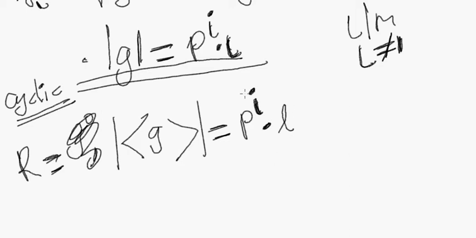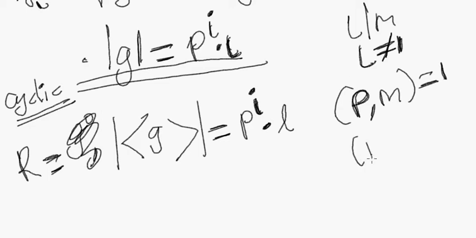Isn't this R also of the form P to the alpha times some number? And if L is a divisor of M, and GCD of P and M, so this symbol means GCD of P and M, if we said GCD of P and M was equal to 1, doesn't that mean also that the GCD of P and any non-1 divisor L of M is also going to equal 1, right?